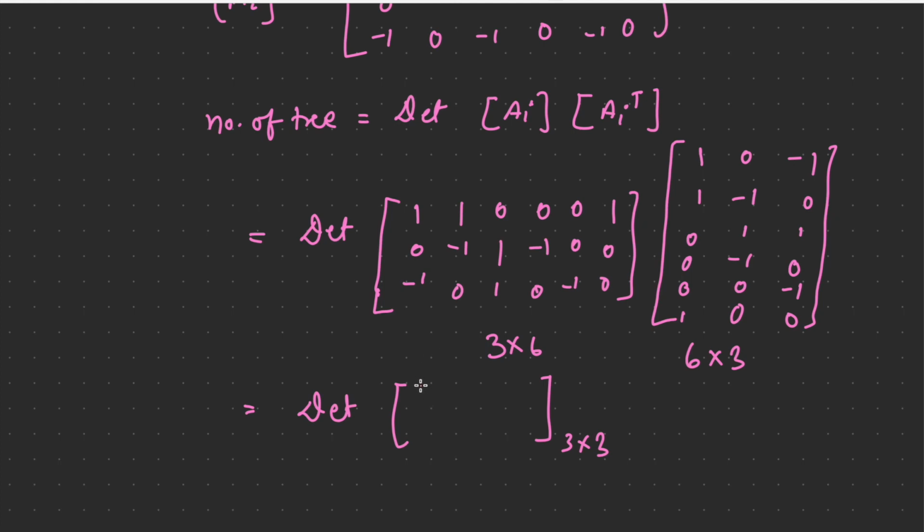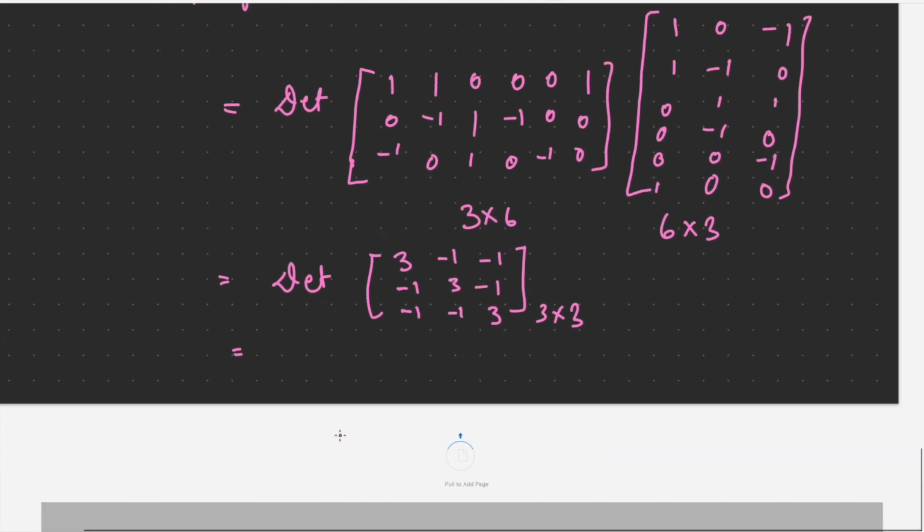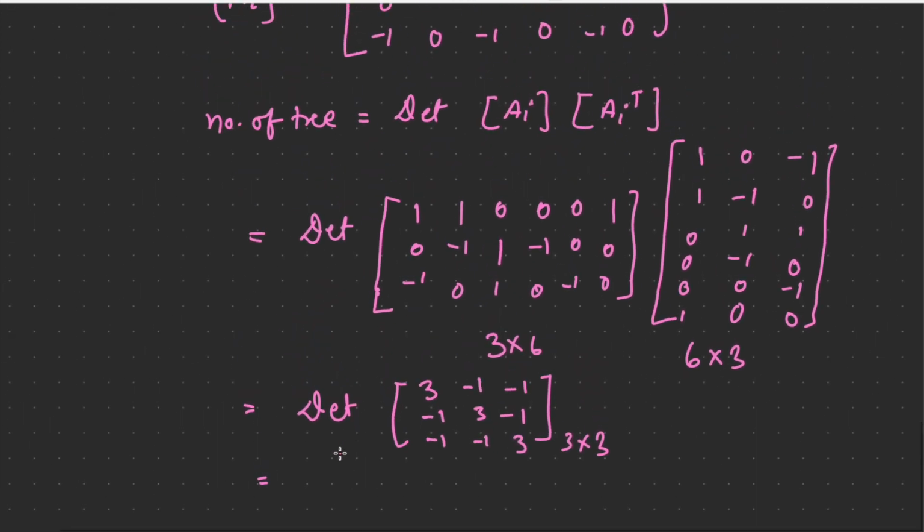After doing the process we get 3, minus 1, minus 1, minus 1, 3, minus 1, minus 1, minus 1 and 3. And after the final calculation, we get the number 16.